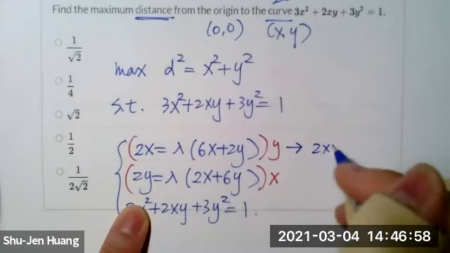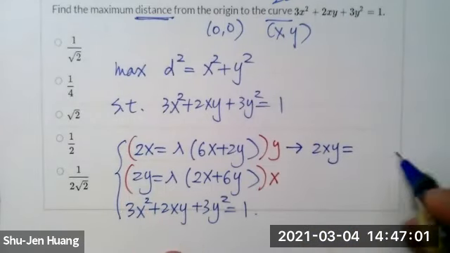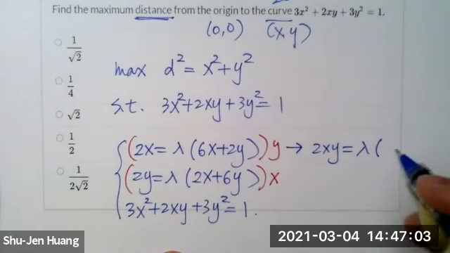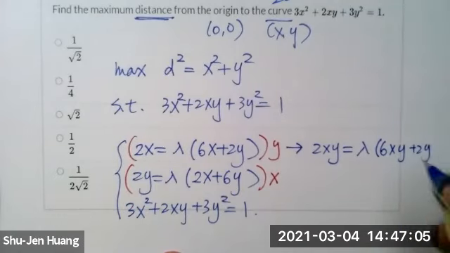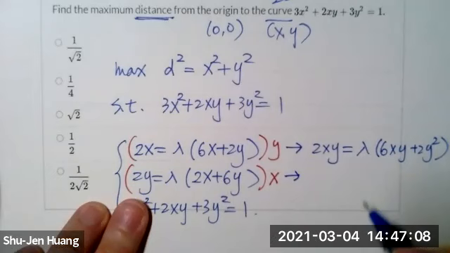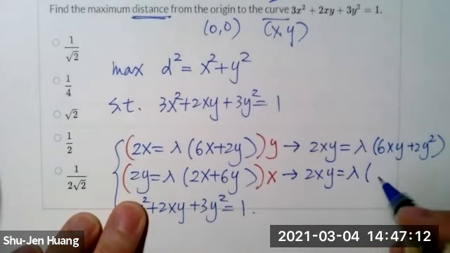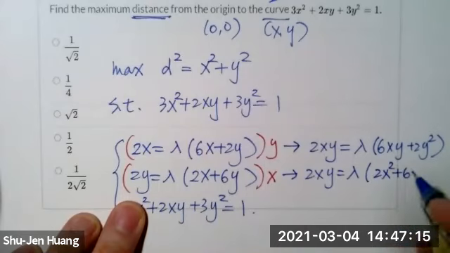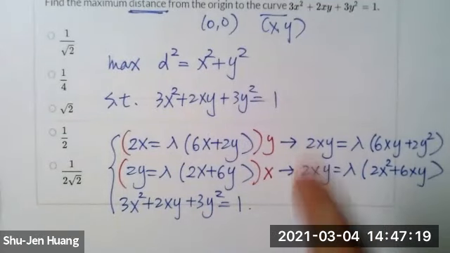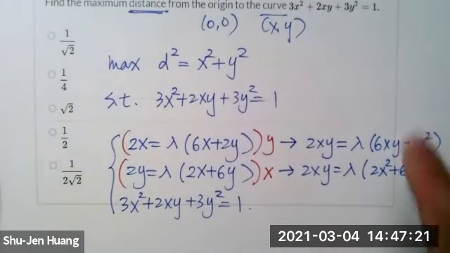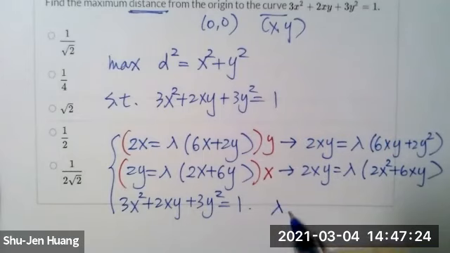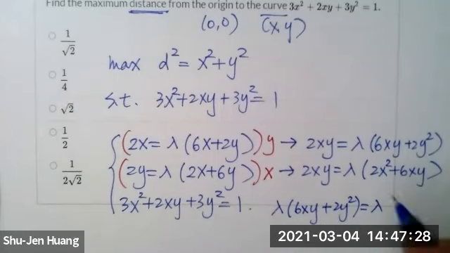So we have 2xy equals lambda times (6xy plus 2y squared), and the second equation becomes 2xy equals lambda times (2x squared plus 6xy). So now the left-hand sides are the same, which means the right-hand sides are also the same. So lambda times (6xy plus 2y squared) equals lambda times (2x squared plus 6xy).